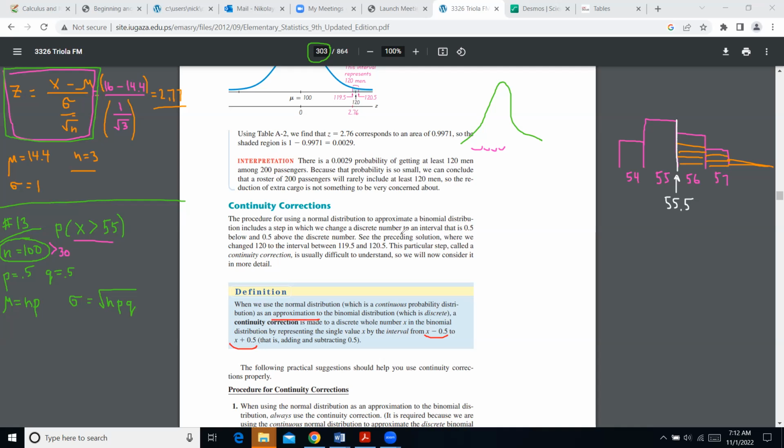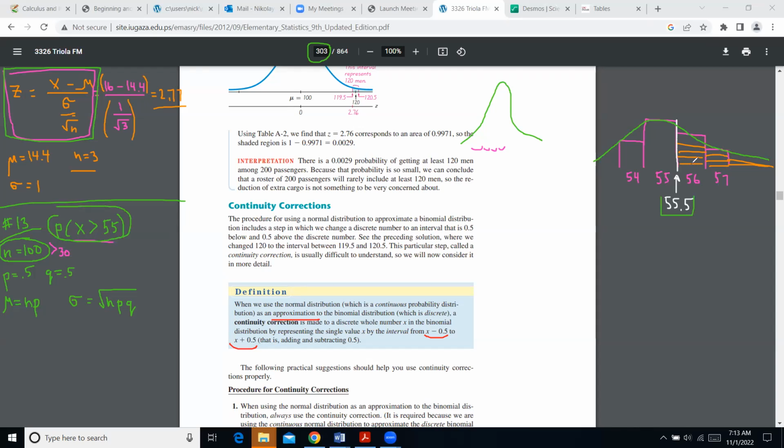We're actually not taking this distribution, but we're thinking about some normal distribution here, which is approximately the same. And in order to approximate it, we must see the border, the border where we start, and we start according to the question of this exercise at X greater than 55.